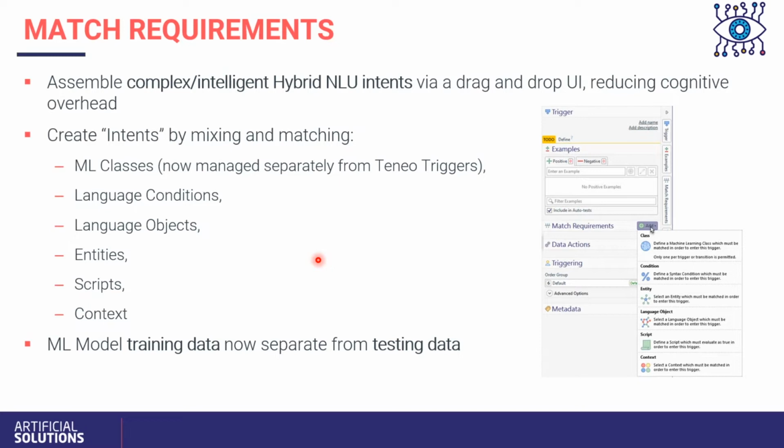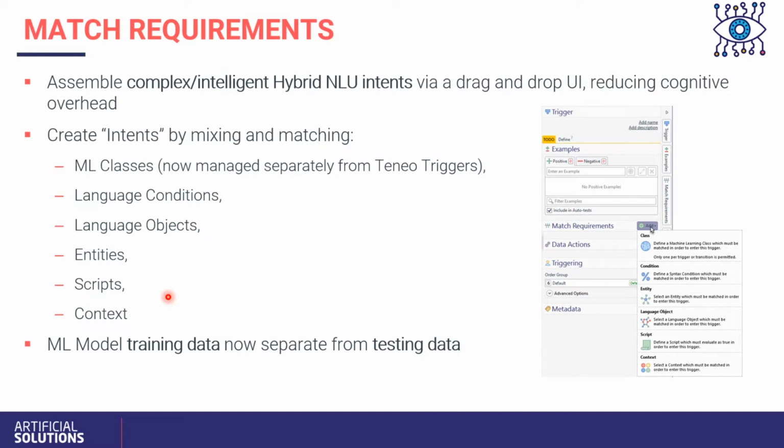So there's simply one trigger that you can create, and on that trigger you decide how you want to actually understand what the users are saying. We've simplified that to make it much more intuitive. You don't have to select from the beginning if it's a class trigger or a syntax trigger. Now you simply add a flow with the trigger, and from there on, you build your intent recognition as you need to.